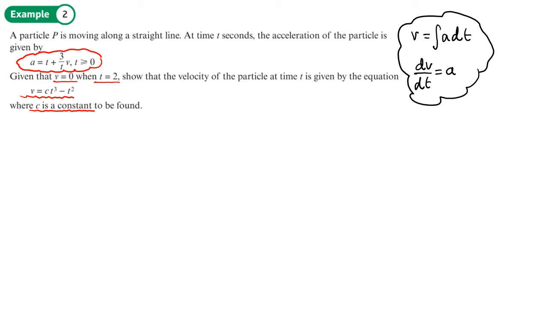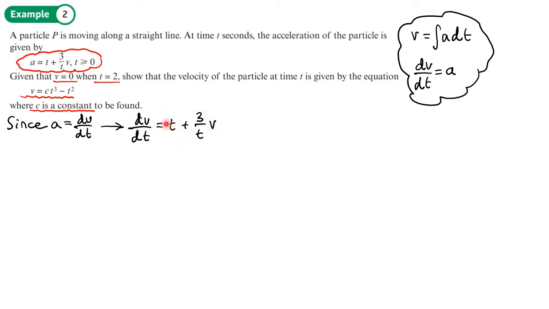So since a equals dv/dt, I can write dv/dt equals (t plus 3) over t, times v. Okay, that's step number 1. Now you might look at this and think, okay, let's try separation of variables to solve this.